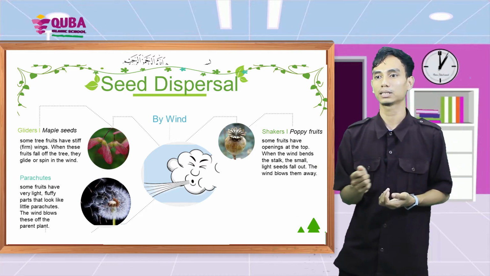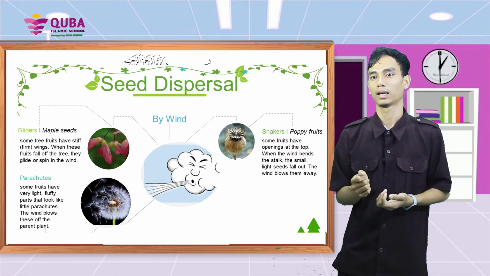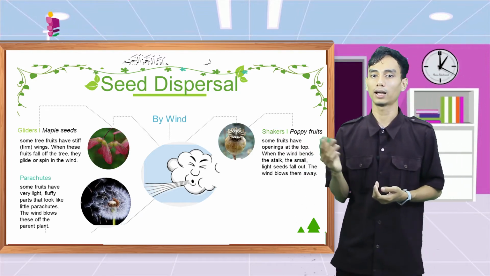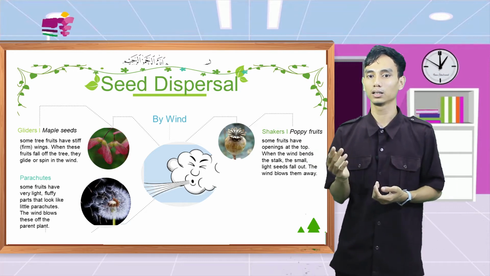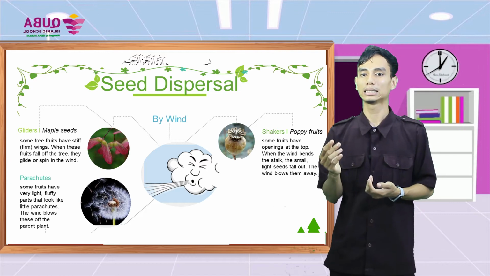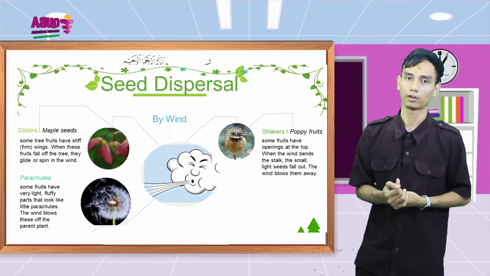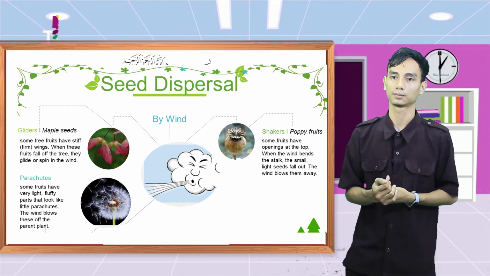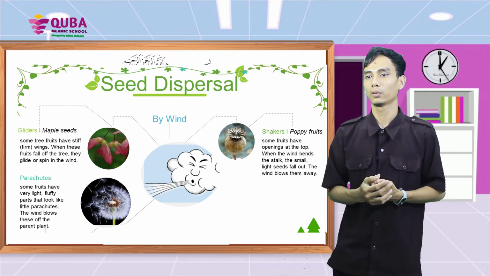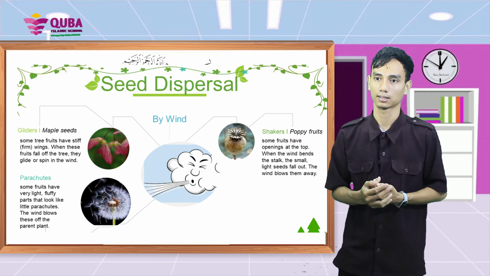For example, maple seeds. And the second, parachutes. Some fruit have very light, fluffy parts that look like little parachutes. The wind blows these off the parent plant. For example, dandelions. And the last, seed dispersal by wind is shakers.